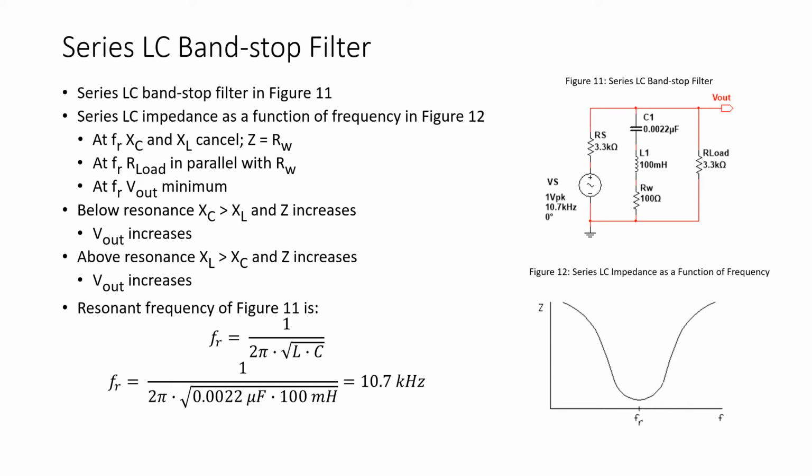And again, at resonance, X sub L and X sub C are equal in magnitude and 180 degrees apart, therefore they cancel. So at resonance, the impedance of the LC branch is RW only.